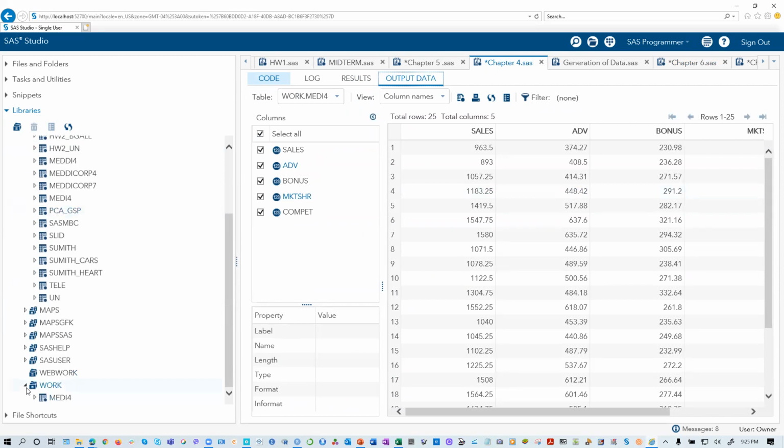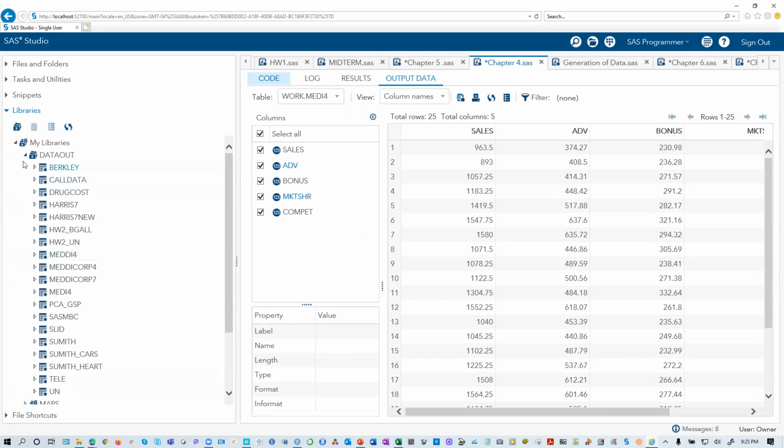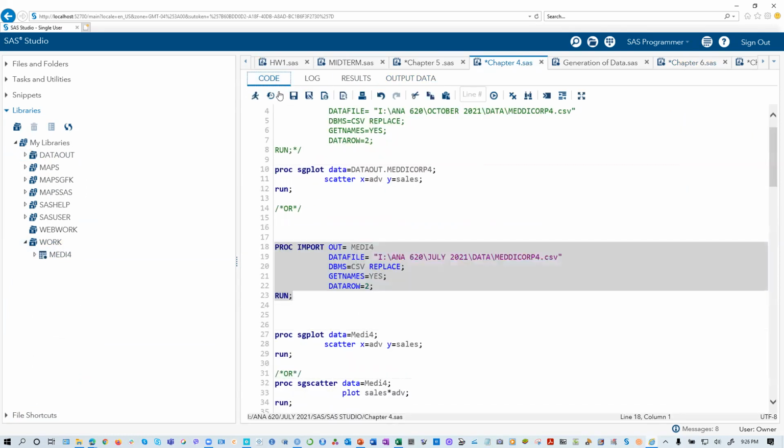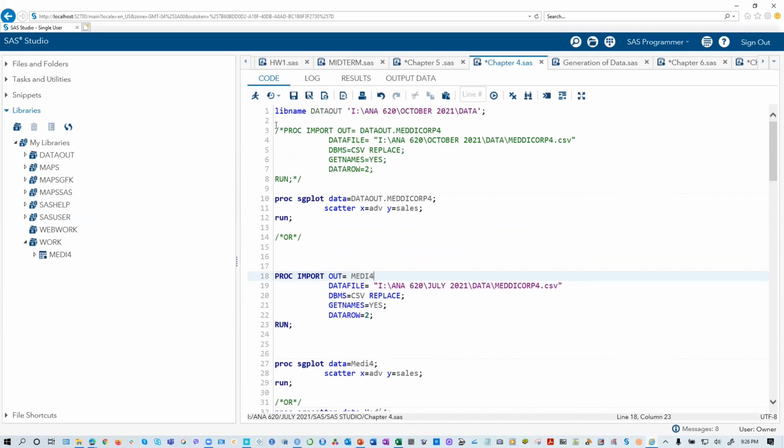It's going to go to a directory called work, the work library. If you don't mention the name of the library, it goes to this library. See, I didn't give a name for the library, unlike here.